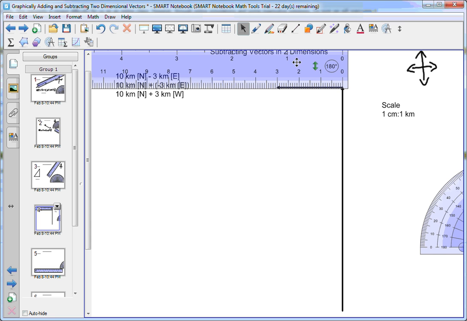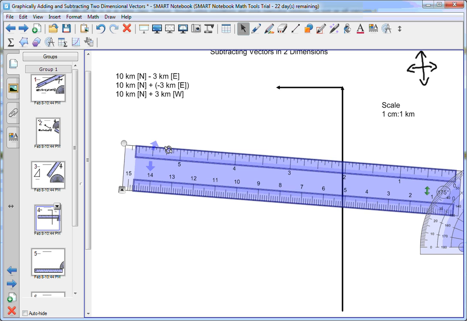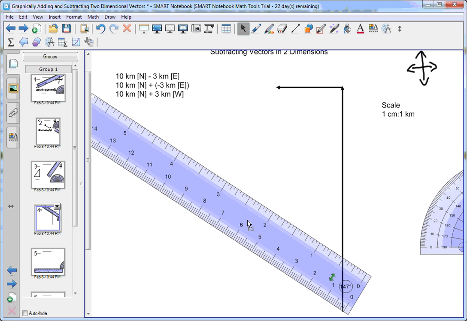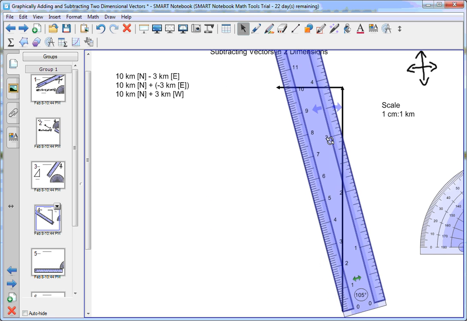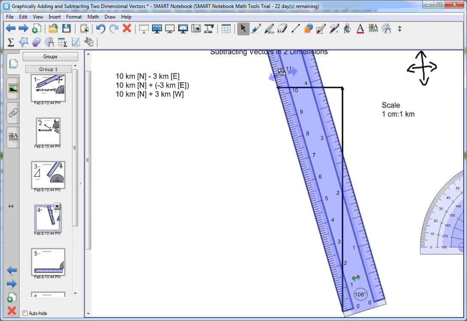And of course then drawing my resultant vector from the start of the first vector in the addition to the end of the last vector.